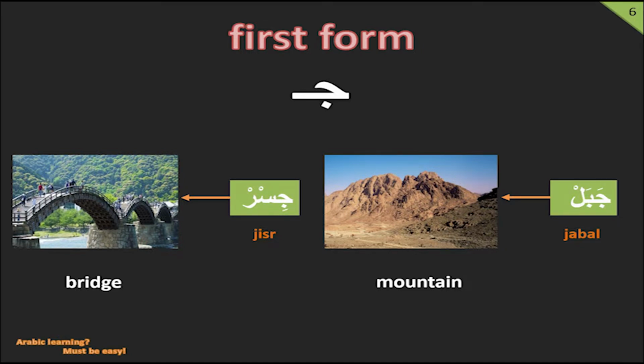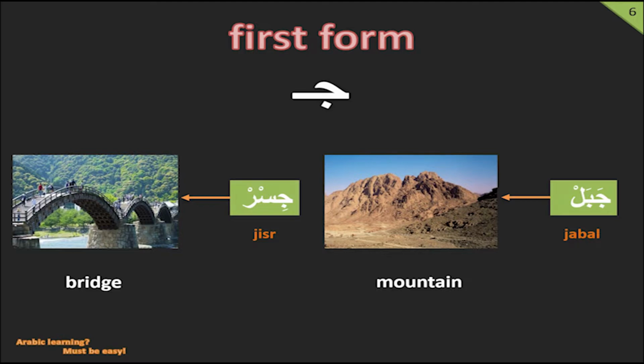Here we have two examples of the first form of the letter Jim at the beginning of the word. As simple examples, we have the noun Jabal. Jabal means mountain, so fatha on Jim and also on Ba and sukun on Lam.